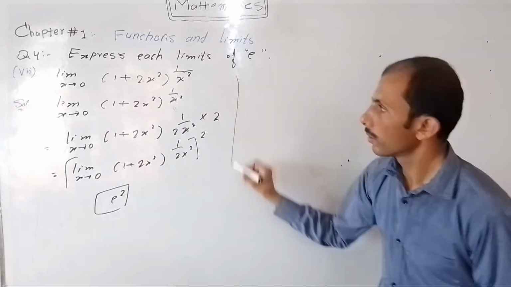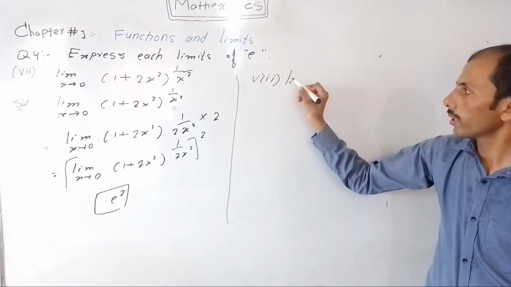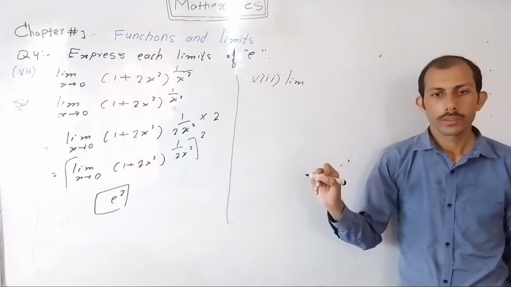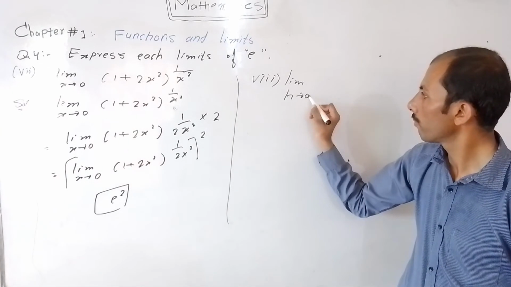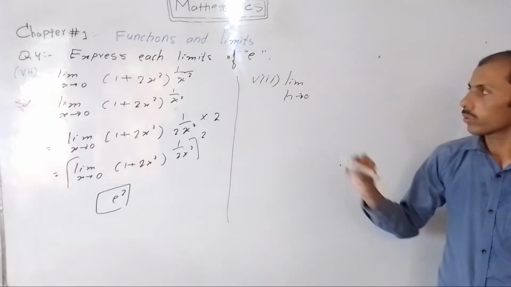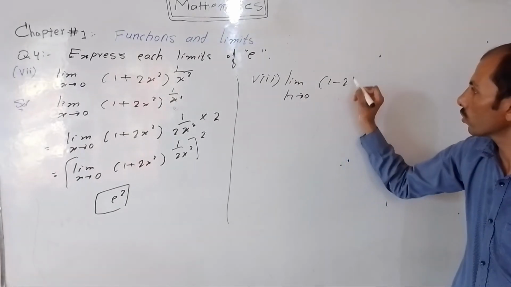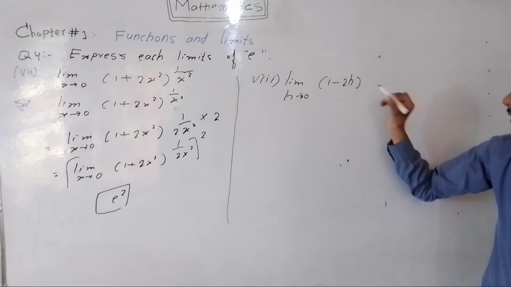Next, part number 8. Limit h approaches 0 of (1 minus 2h) whole power 1 divided by h.